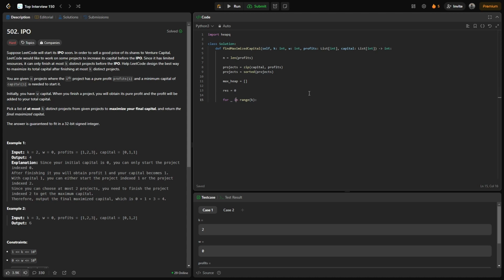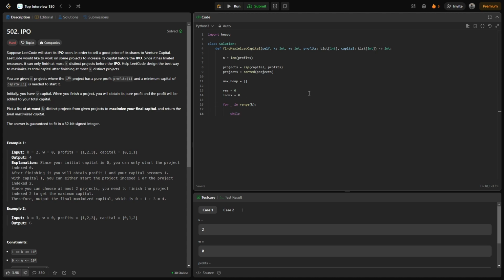So result would be initially 0. Now I can write a while loop, and I also need to find the current index we are at, so let me say index, which initially would be 0.